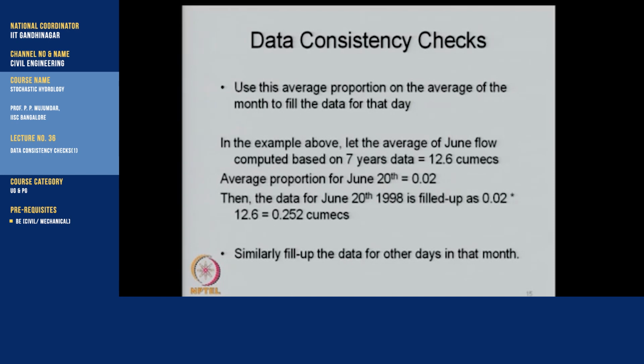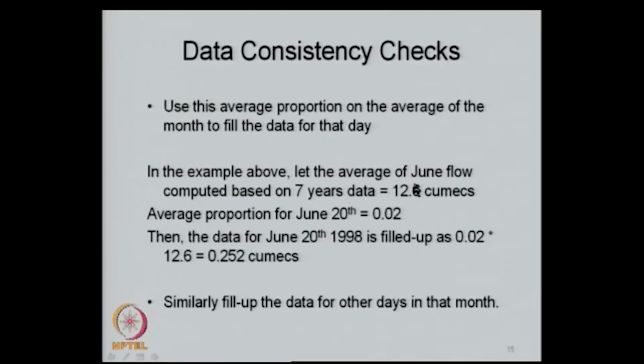So, in the example above, just to give a complete picture, the average of June flow computed based on 7 years of data is 12.6 cubic meters per second. Then the average proportion for June 20th is 0.02. What is this 0.02?